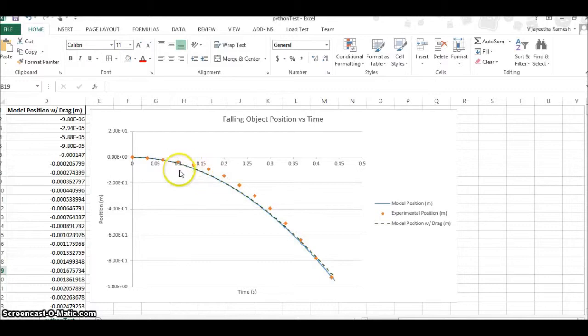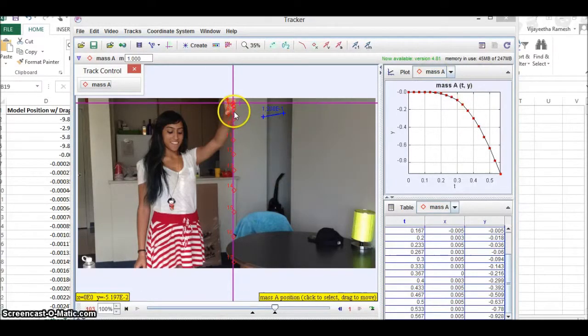This may be due to some error factors in plotting my points on tracker, which might not be completely in line with the ball here, as well as some recording factors, as the ball may not have traveled completely straight.